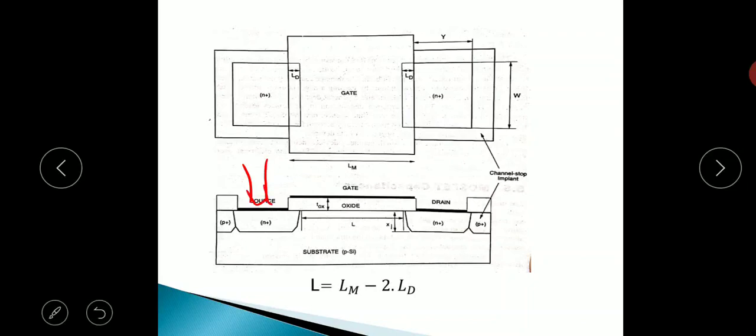In these windows, we add N plus impurities to the substrate. Due to this, two N plus regions are formed in that window region by using diffusion process. But during this diffusion process, the diffused area slightly spreads into the nearby regions.